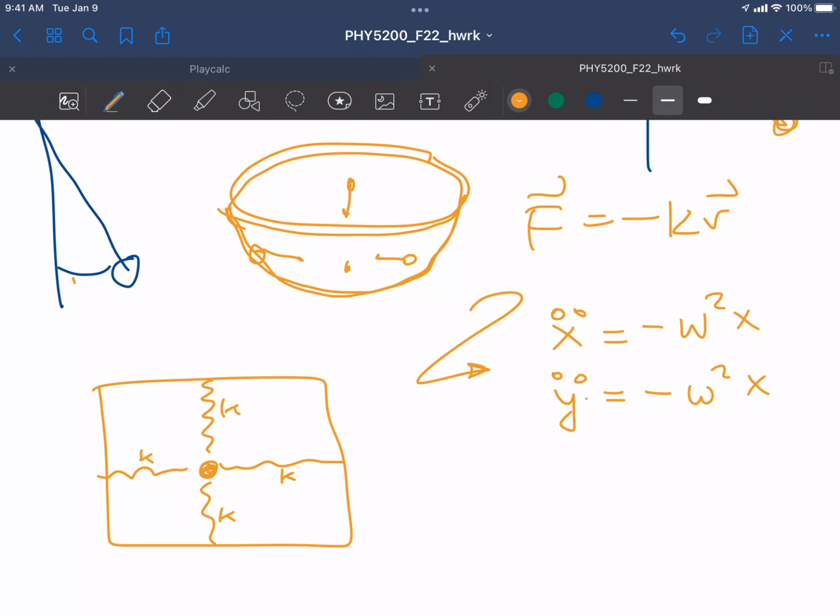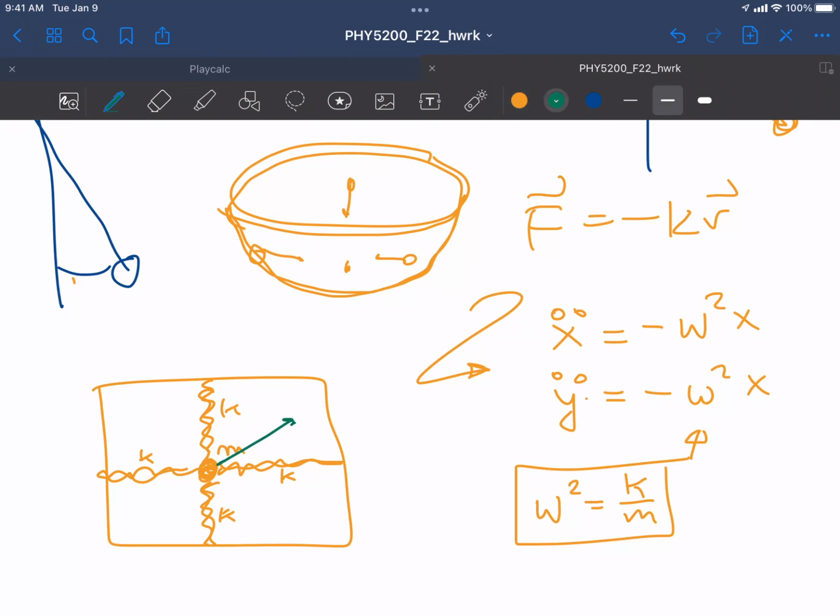And since all of these k's are the same, then the omegas here have to be the same. And omega is related to these k's and the mass of the little thing that I put here with this equation. So if you have four springs in a two-dimensional space, and I displace the object this way, it's going to start oscillating back and forth like this.